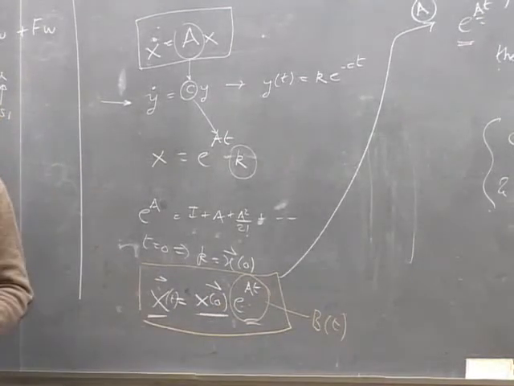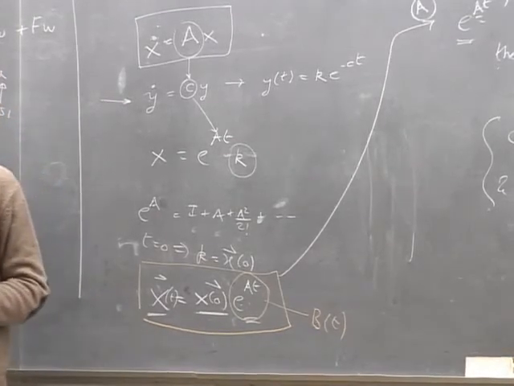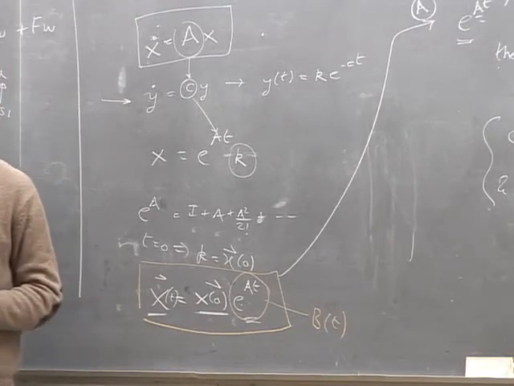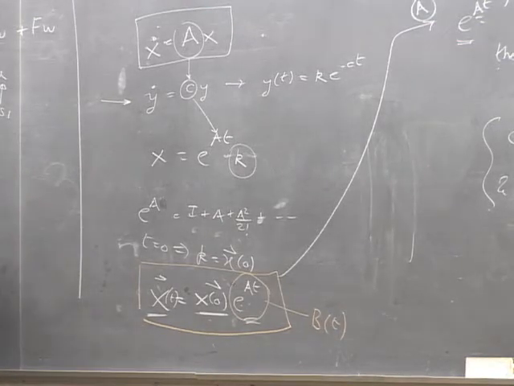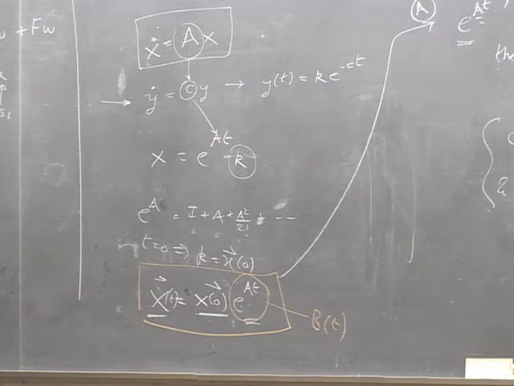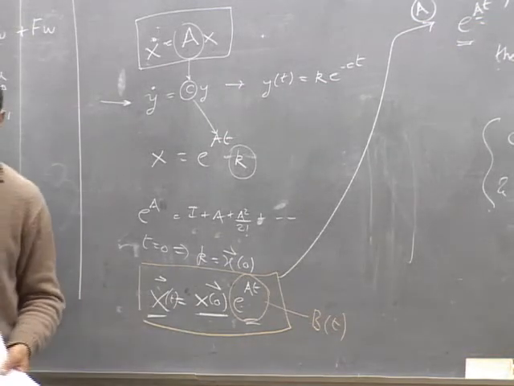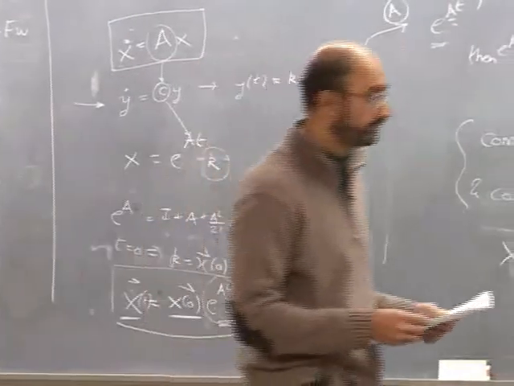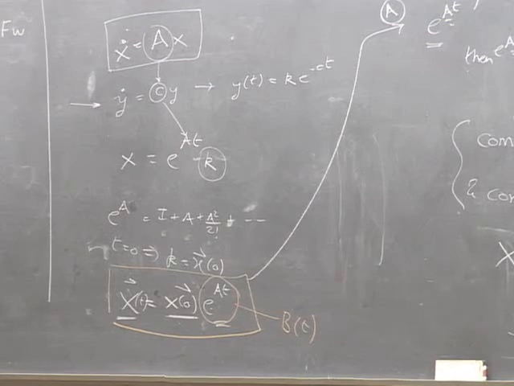You've seen the word state transition matrix before. In the case of stochastic matrices, it's the probability when you go from one state to another. That is a state transition matrix in the sense of queuing theory. Over here, this is called the state transition matrix in the sense of control theory. So the same phrase is reused. Just wanted to point that out.